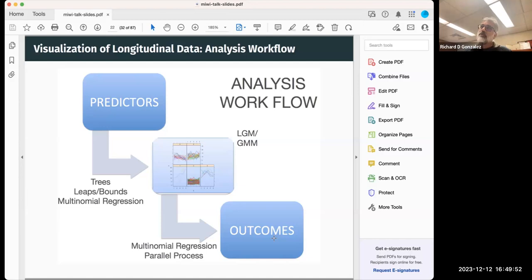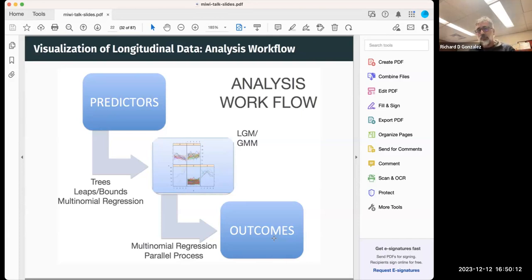So this is a workflow that doesn't fit naturally into the usual setup where you have one dependent variable and predictors. In a sense, there are three separate regression problems. There's one regression problem: we have to identify what the key predictors are that are part of our analysis.